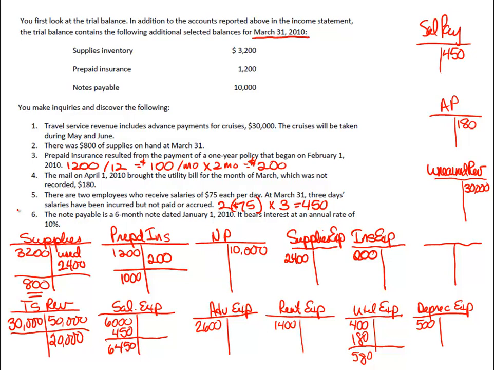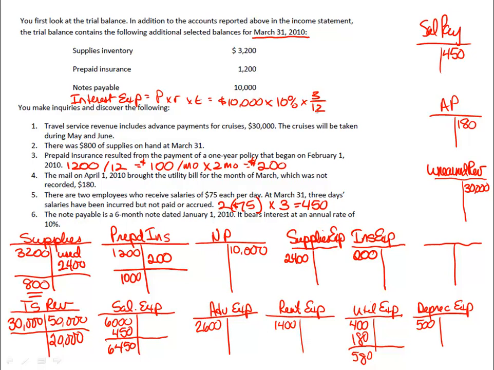Number 6 says that this $10,000 note payable is a 6-month note that was dated January 1st, and the interest rate on that note is 10%. Well, we know that if we have a note payable, we'll also be accruing interest on that note. And you'll recall that interest expense is the principal times the rate times the time. So in other words, the $10,000 note at an interest rate of 10% a year, and the time is January, February, and March, 3 months over 12.